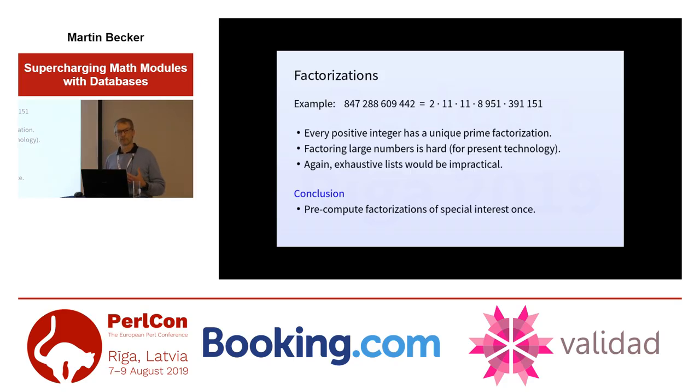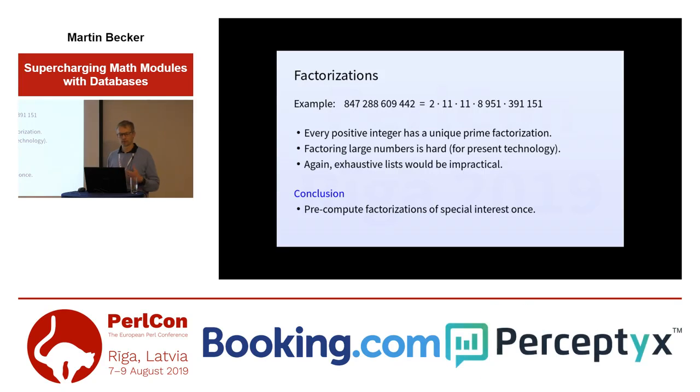So if you have special interest in certain factorizations, and some algorithms need them, it makes very much sense to compute them in advance and put them in a package. Of course, you can't do this for all numbers. It only makes sense if you have a small set of numbers that are of interest.